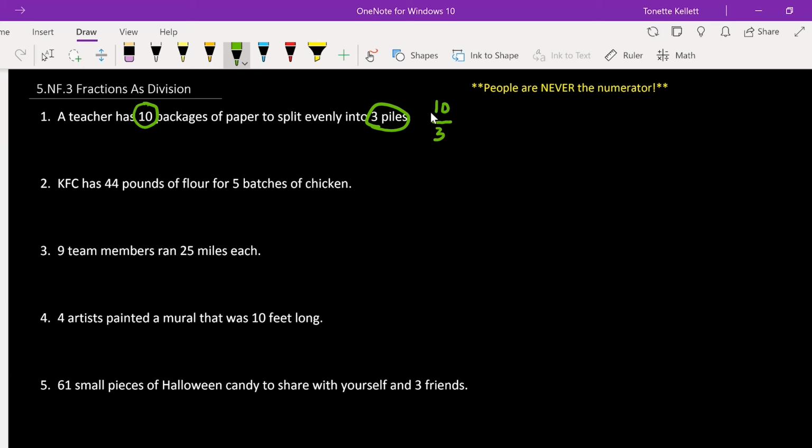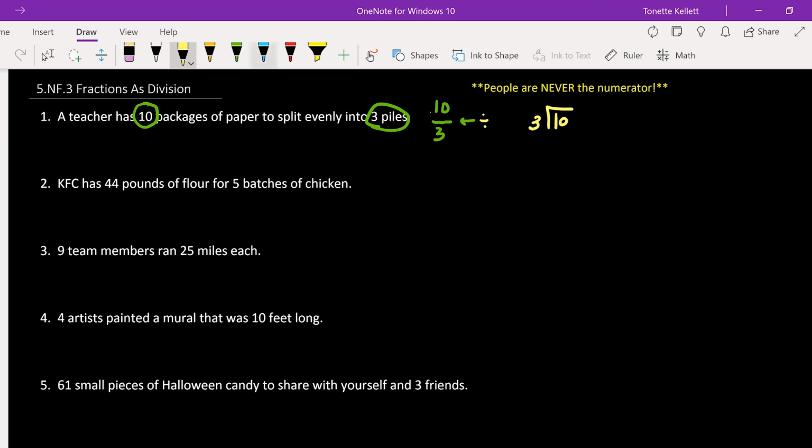The fraction bar right here is another way of writing a divide sign. So you're saying 10 divided by 3, and you're writing it in the form of a fraction. Another way to write 10 divided by 3 is a fraction: 10 thirds.